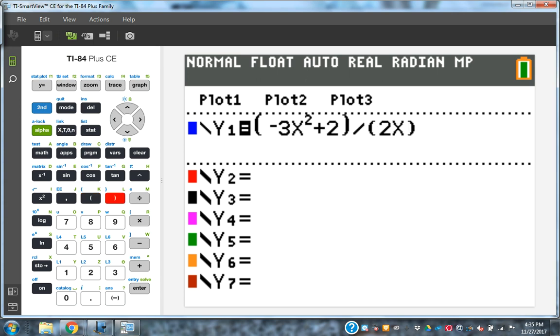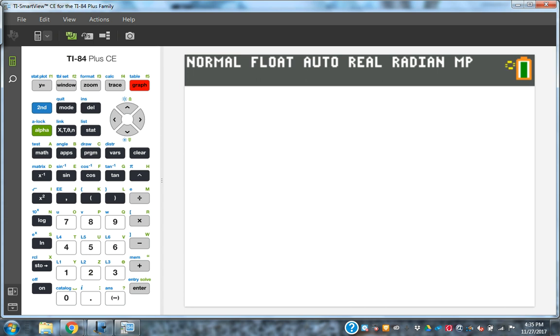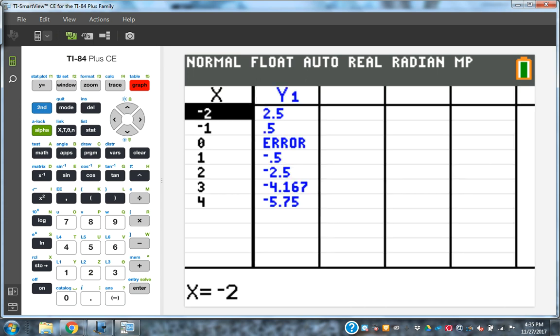And then I'd go to my trusty table here, second graph, and I would type in negative 1, and I get 1/2, 0.5.